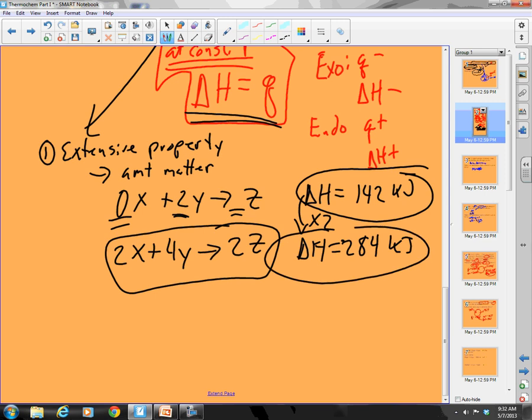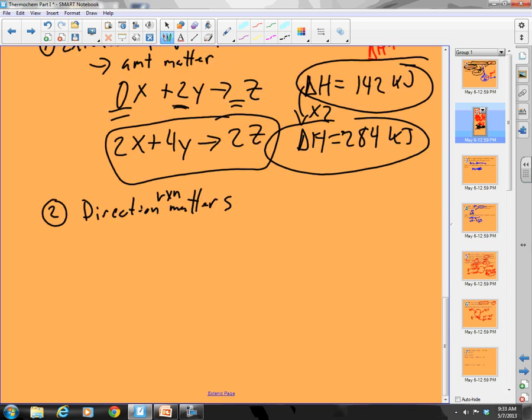Cool. The other thing that's kind of cool is direction matters. Direction of reaction matters. So back to our X plus 2Y yields Z. Let's say my delta H for that is 142 kilojoules. Well, then what is Z going to X plus 2Y?